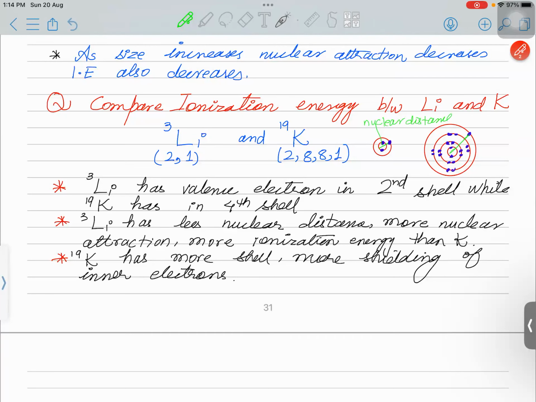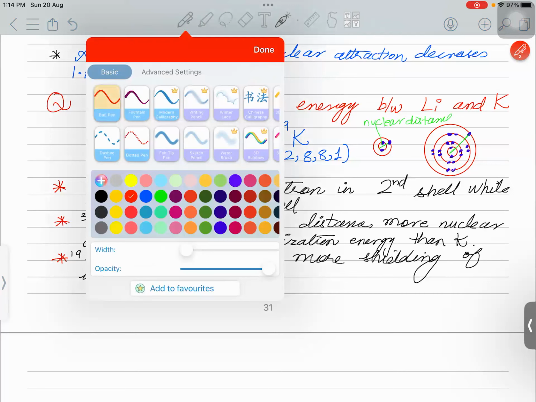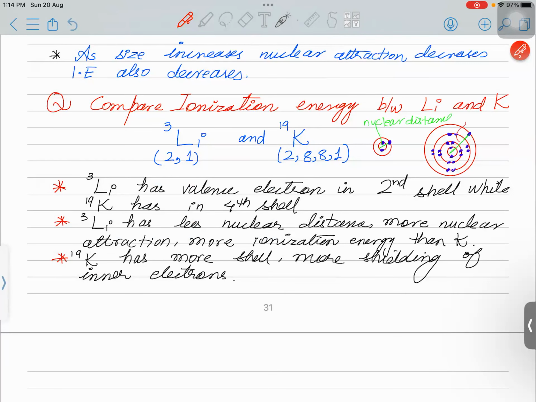You can see this is lithium, this is potassium. Potassium has more nuclear distance, and hence less ionization energy.